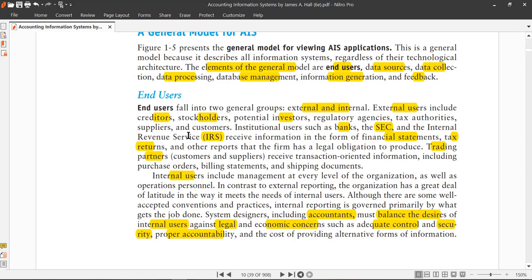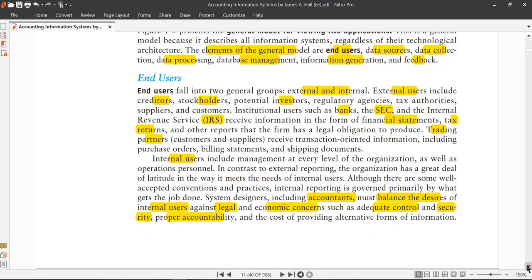This is in America; in the Philippines, it's the BIR. Internal users are, of course, the accountants inside the company. What else? The employees. What else?